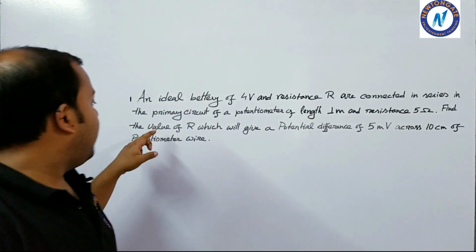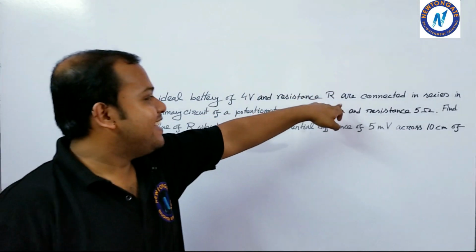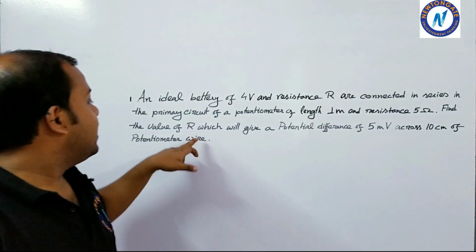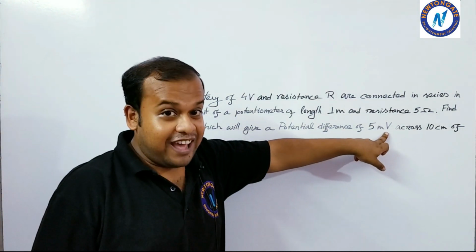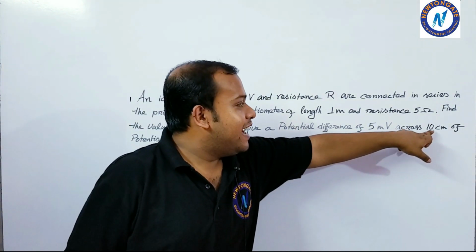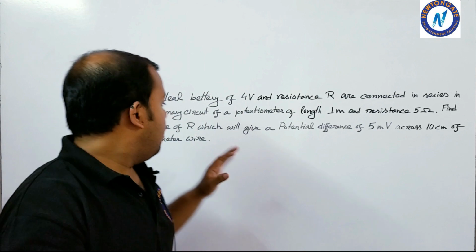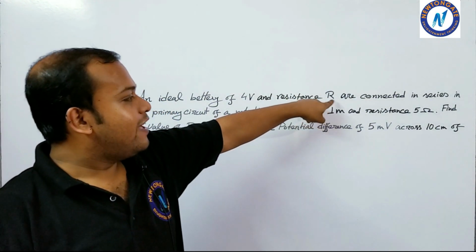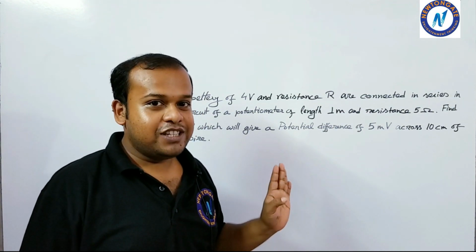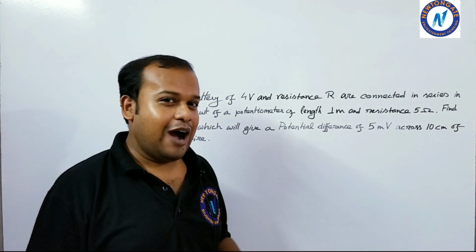Now we have to find out the value of R, that is this R, for which it will give rise to a potential difference of 5 millivolt across 10 centimeter of the potentiometer wire. That thing we need to find out, that for which value of R this will be the potential difference. So let us see how to do it.